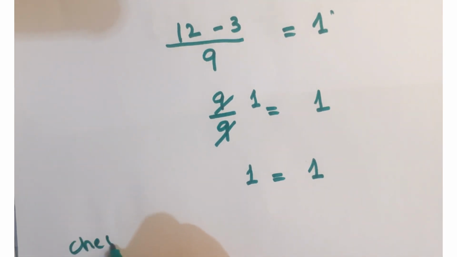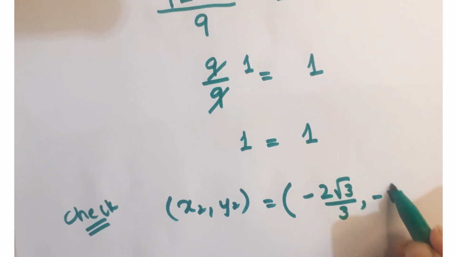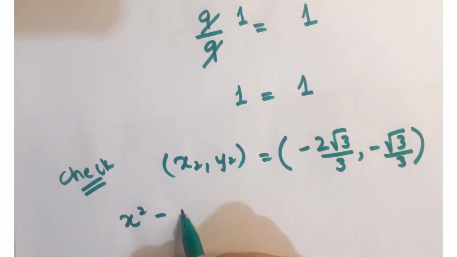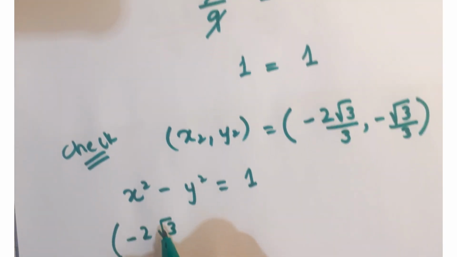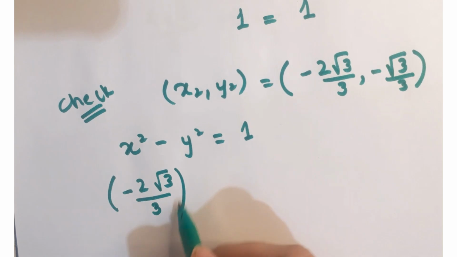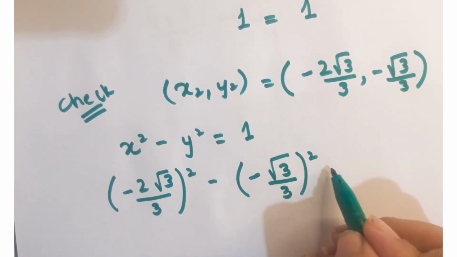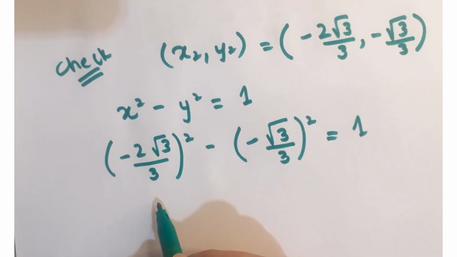Now let's check for x2 comma y2, which is equal to minus 2 under root 3 upon 3 and minus under root 3 upon 3. Putting the values in our equation number 1, this is minus 2 under root 3 upon 3 whole square minus minus under root 3 upon 3 whole square is equal to 1. This minus sign just cancels because of the even power.